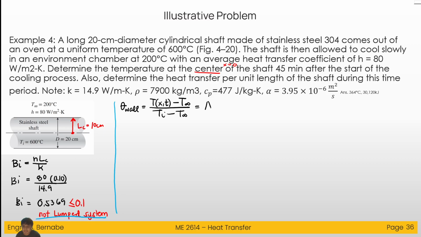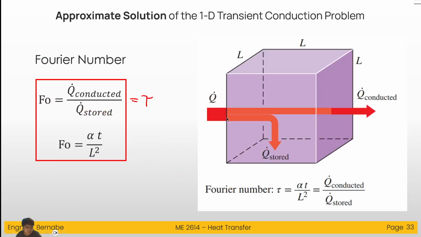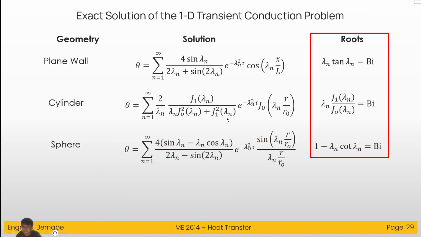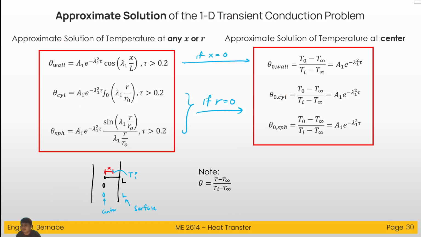For cylinders, you have A1 e to the negative lambda 1 squared tau. I don't have the notes for this one, sorry, I always forget this formula. Then you have this Bessel function.